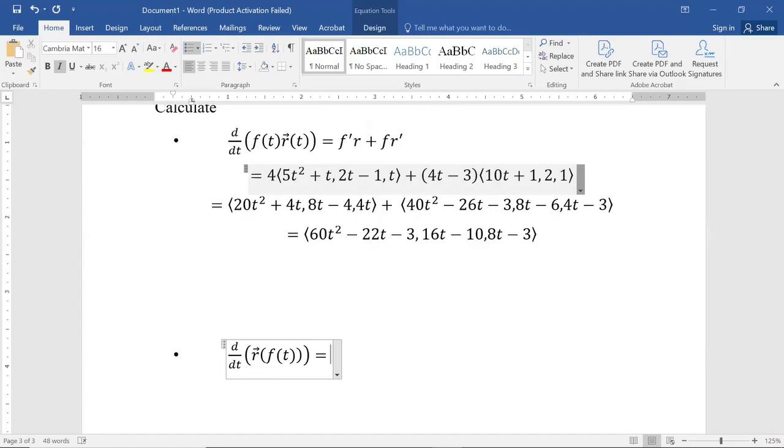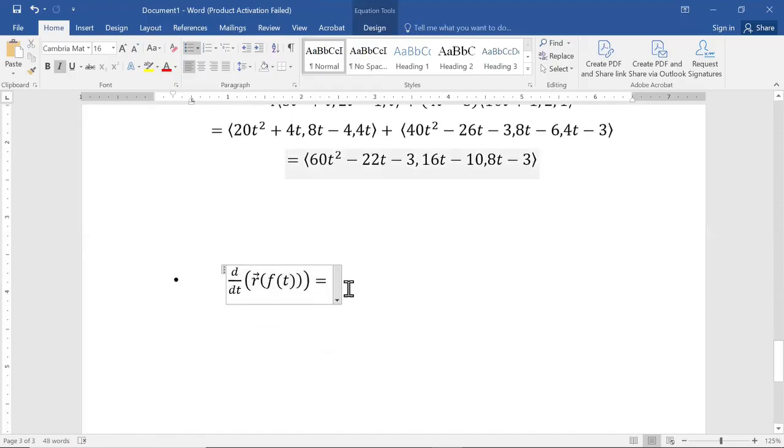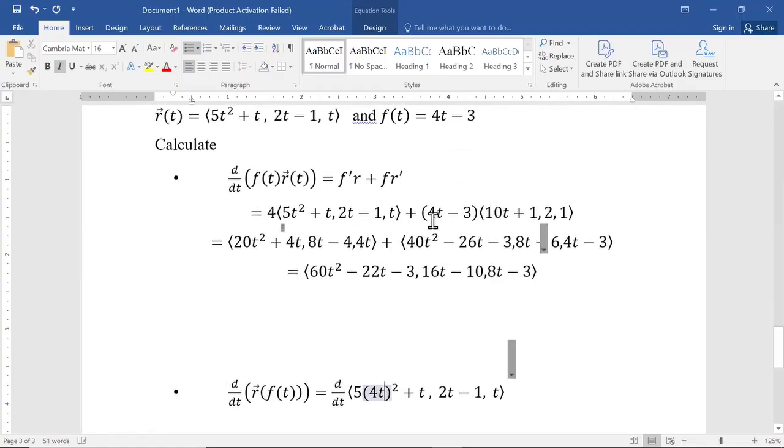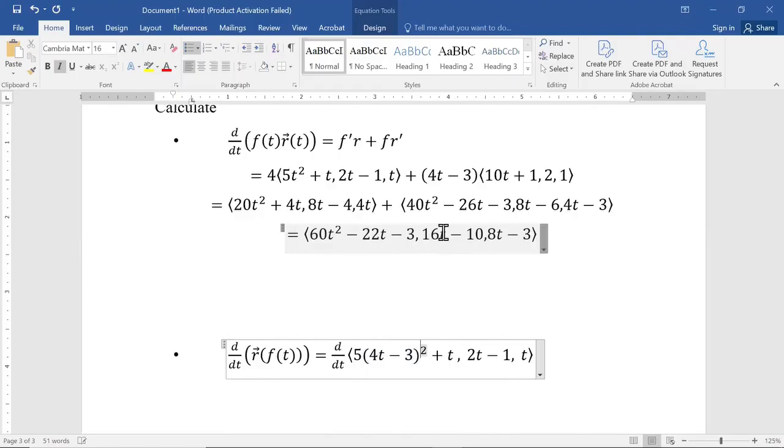I'm not going to go through every little detail, but we're taking the derivative with respect to t of this thing where I've replaced each t with a 4t minus 3, the f part. So I replace each t with 4t minus 3. Replace this t with 4t minus 3.